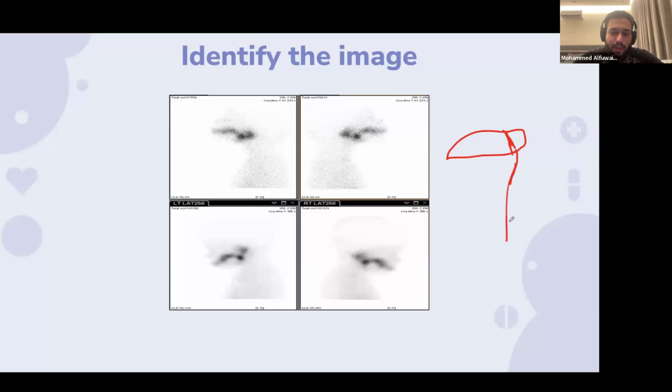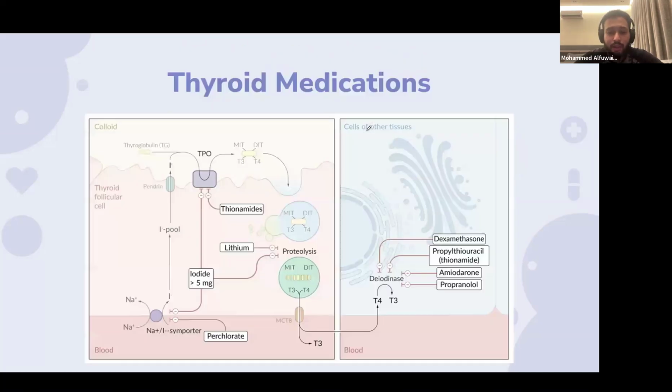It descends all the way down into the location of the thyroid, which is on the anterior neck. So if you have an ectopic thyroid, the most common location will be at the beginning of the whole route, at the sublingual or lingual thyroid, which is what you can see here. This is an ectopic thyroid.